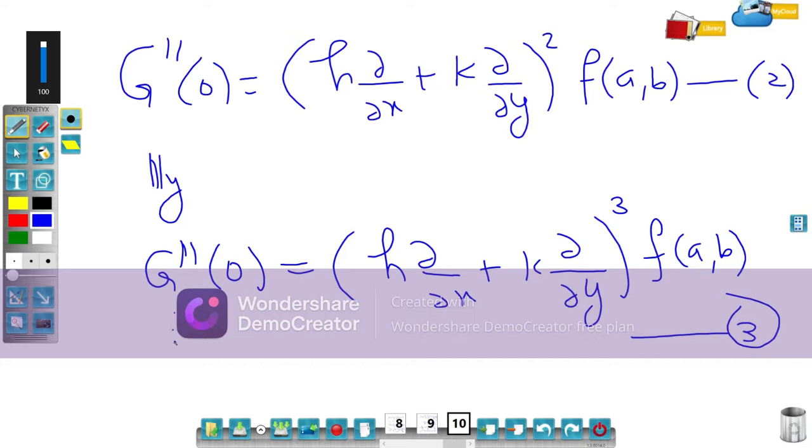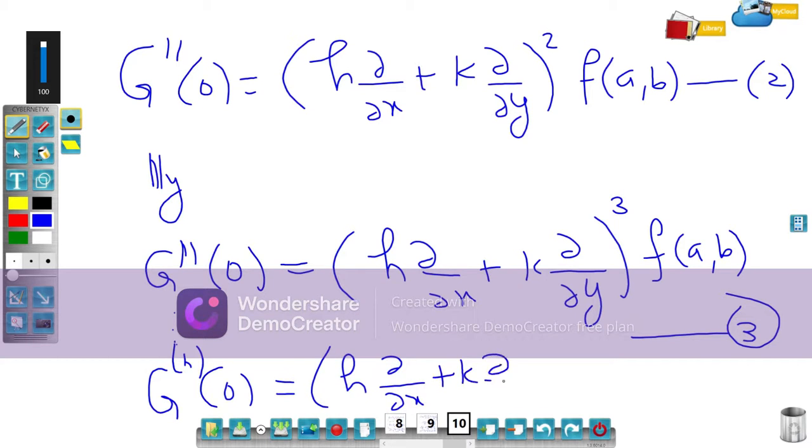So in general, one can have the nth derivative evaluated at 0 is equal to (h ∂/∂x plus k ∂/∂y) whole raised to n f evaluated at a comma b. So this will be the nth expression. So substitute these equations 1, 2, 3, 4 dot dot dot n in star.